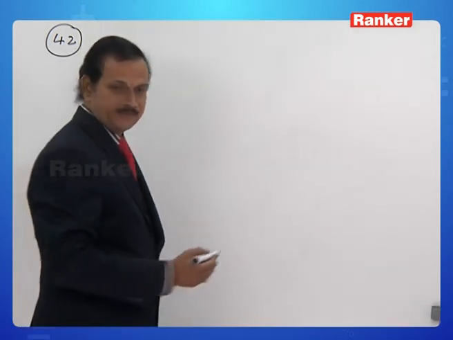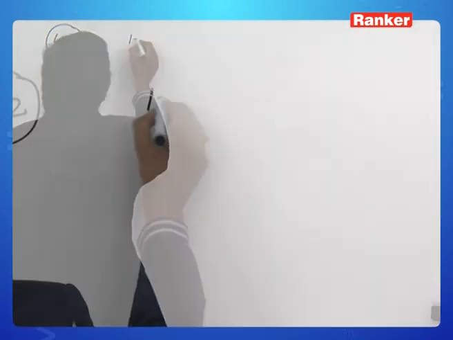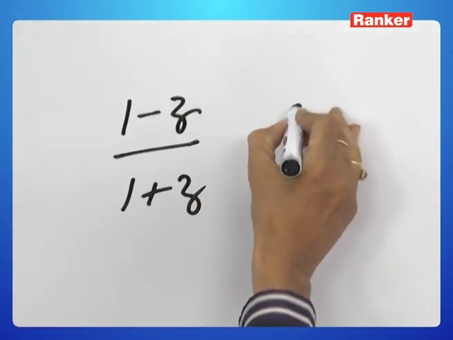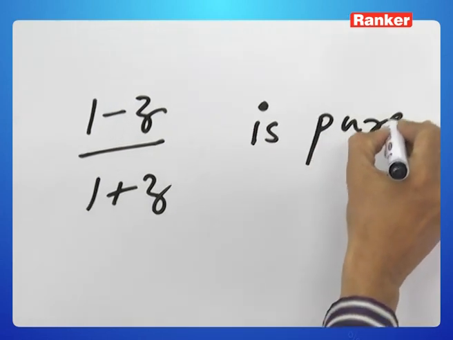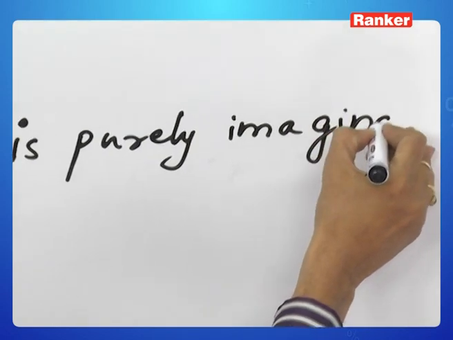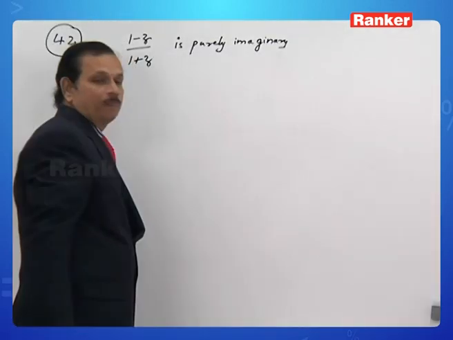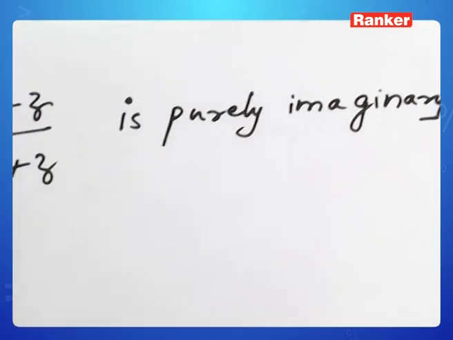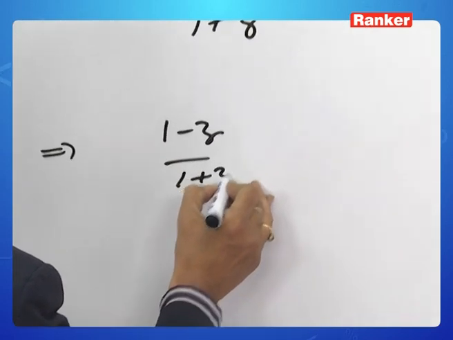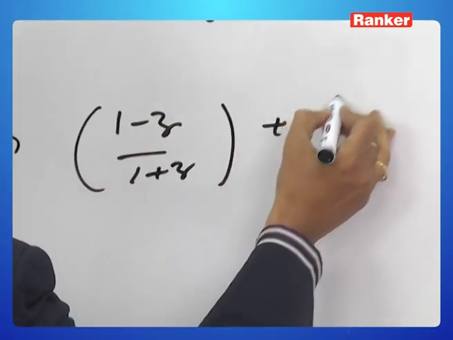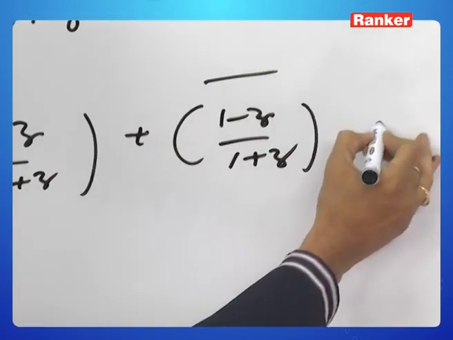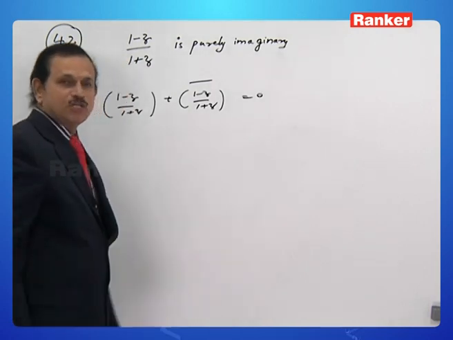Let us now make use of that. What is the data here? (1 minus z) by (1 plus z) is purely imaginary. What should happen? (1 minus z) by (1 plus z) plus its conjugate must be 0.